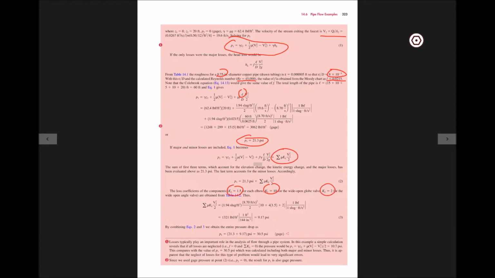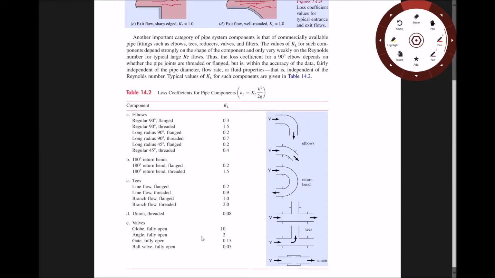You sum all of those numbers: 10 plus 4 times 1.5 plus 2, so that's 12 plus 6, 18. I want to point out that the 1.5 coefficients for the elbows were coming from table 14.2, whereas the coefficients for the valves were coming from over here. So what you're using is table 14.2.